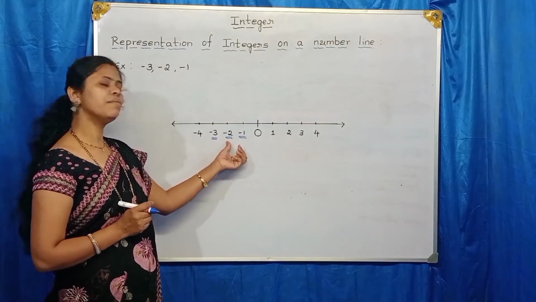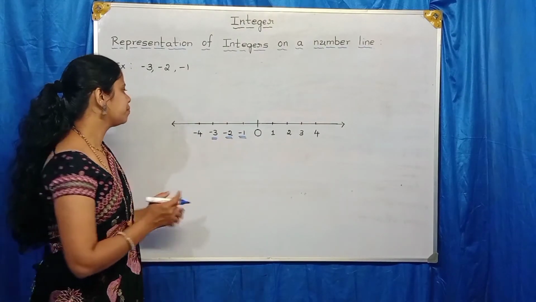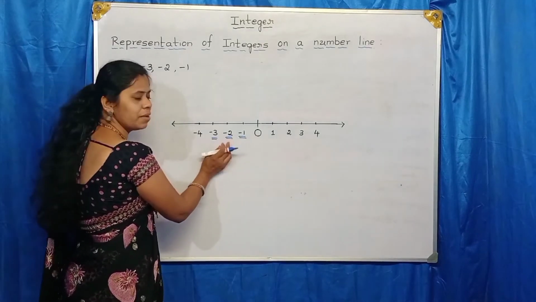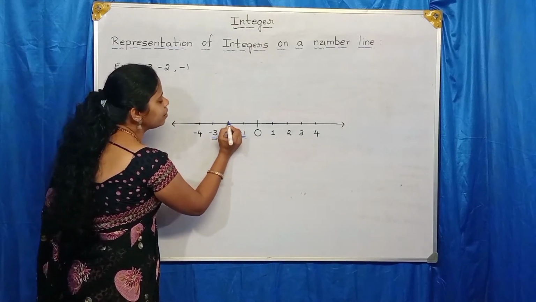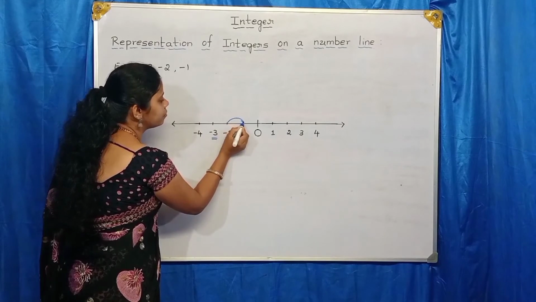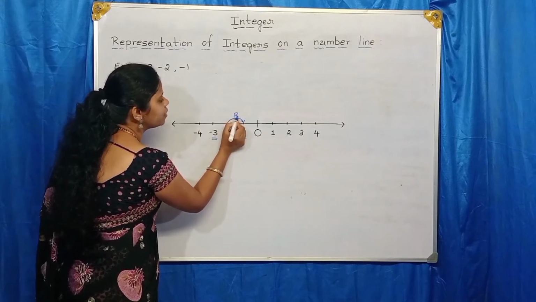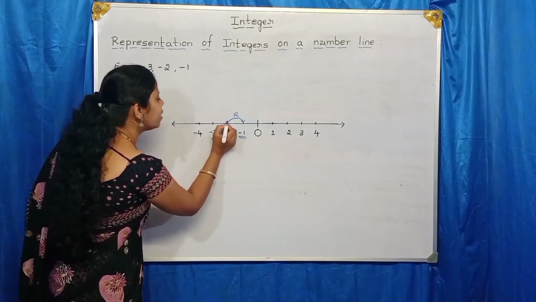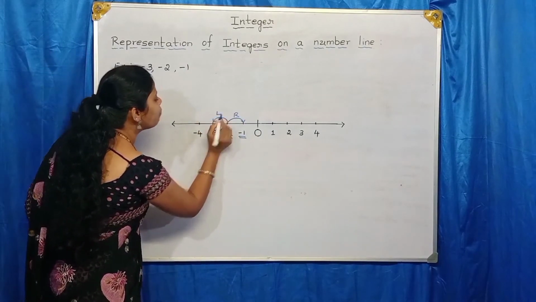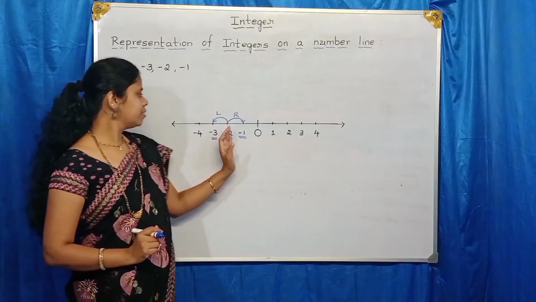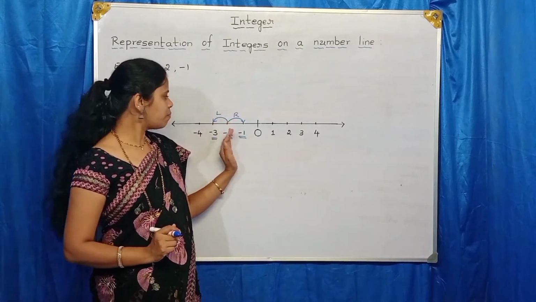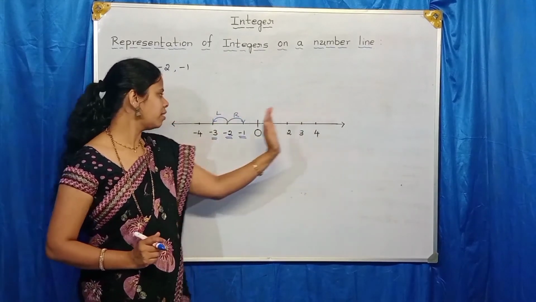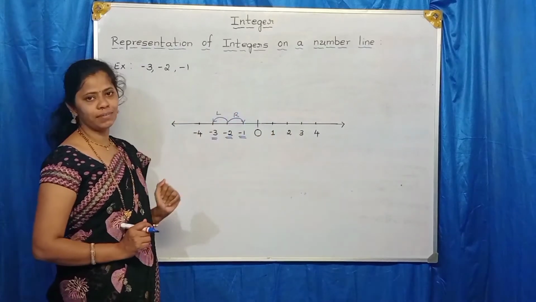See here, -2 is the middle number. And on the right side, which number is there? -1. And on the left side, we have -3. If I take this as the middle point, the right side is -1, the left side is -3.